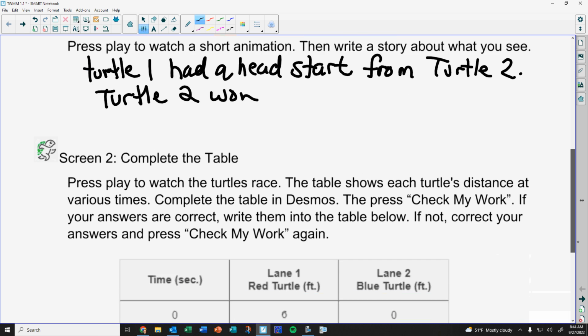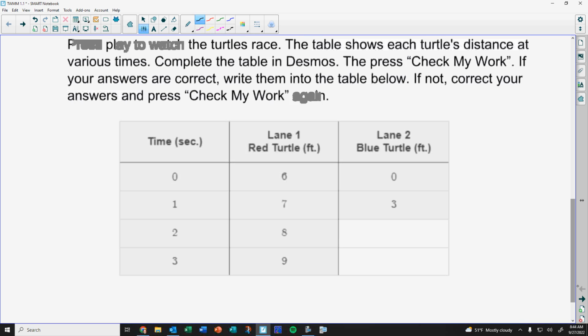Okay, now when you saw the race, the times, so if this was the speed of turtle 1, remember he had a head start. And this is the head start. At 0 seconds, he was 6 feet in. So if at 2 seconds this turtle's at 8 feet, where would the blue turtle in lane 2 be? 6, right?